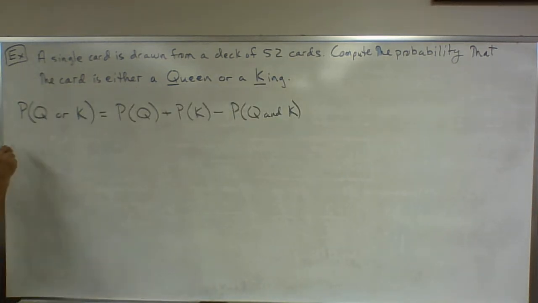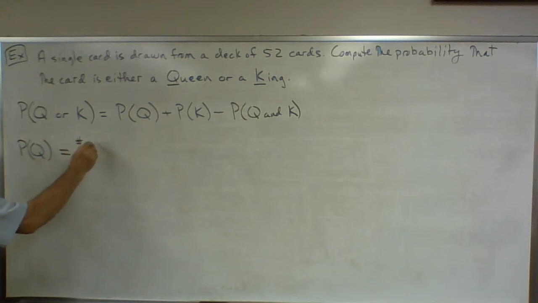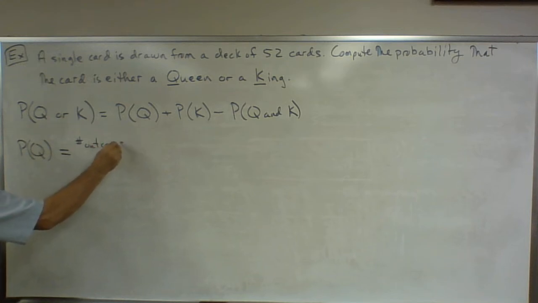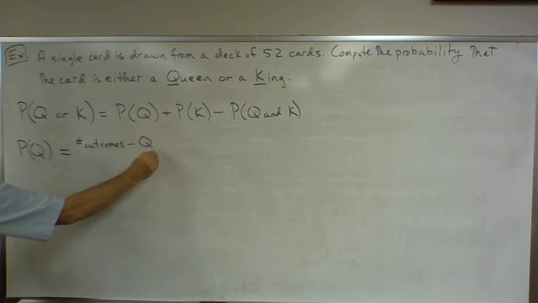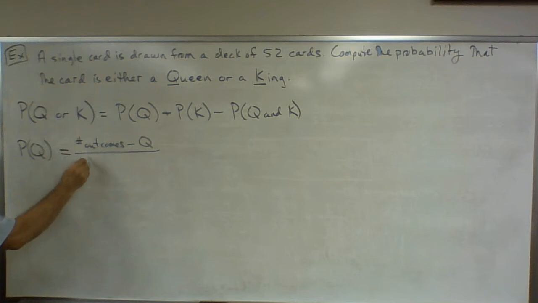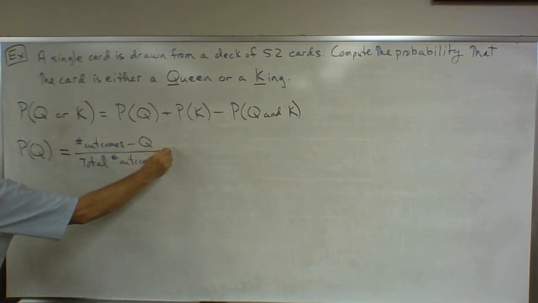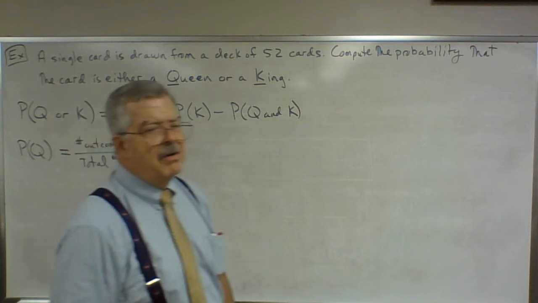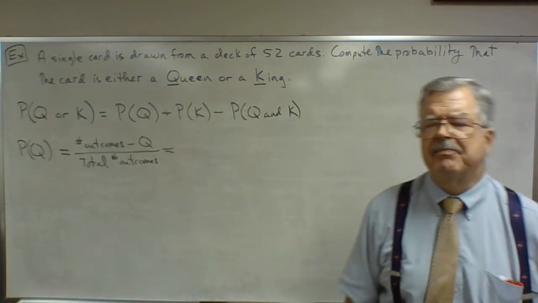Probability of getting a queen. We look at the number of outcomes resulting in a queen over the total number of outcomes. How many outcomes result in a queen?